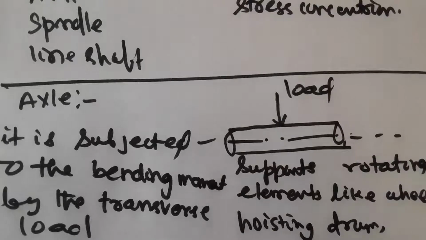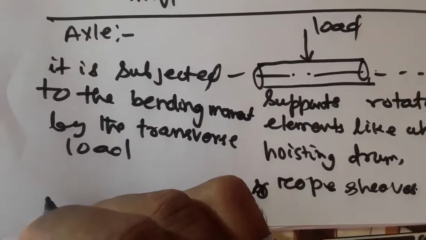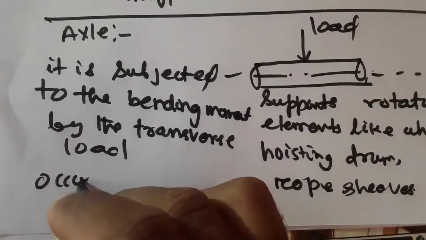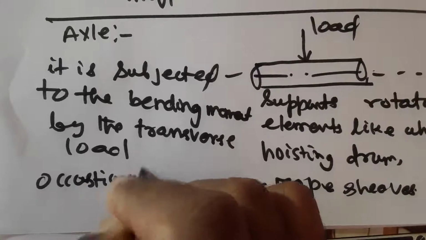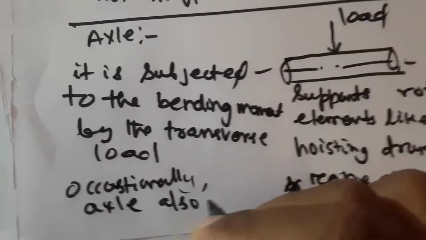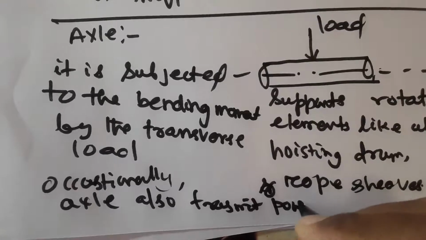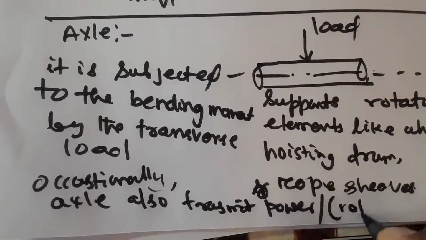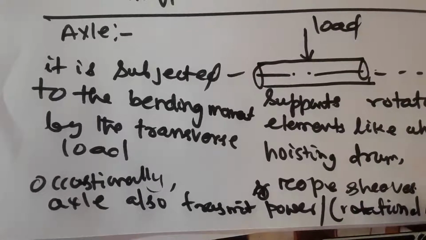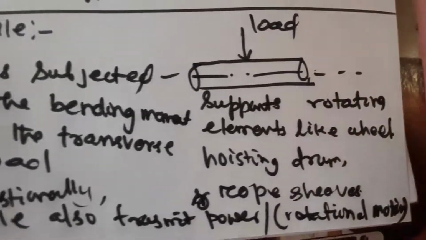The rear axle is the exceptional case where occasionally the axle also transmits power or rotational motion.